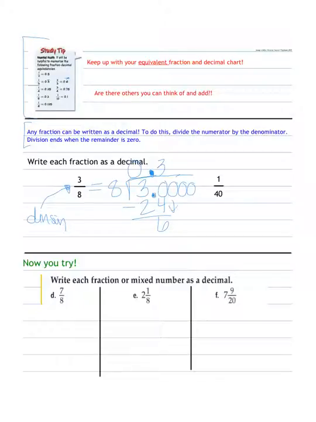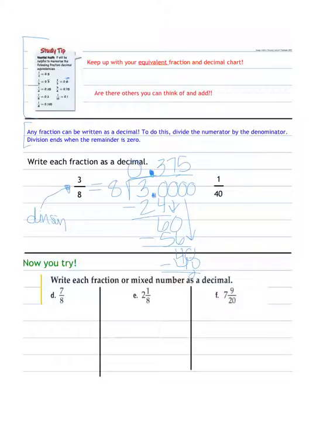I'm going to bring down my 0. 8 can go into 60 7 times. So 7 times 8 is 56. Subtract that. 60 minus 56 is 4. Bring down another 0, which is 40. 8 can go into 40 5 times. 5 times 8 is 40, and then I'm done.